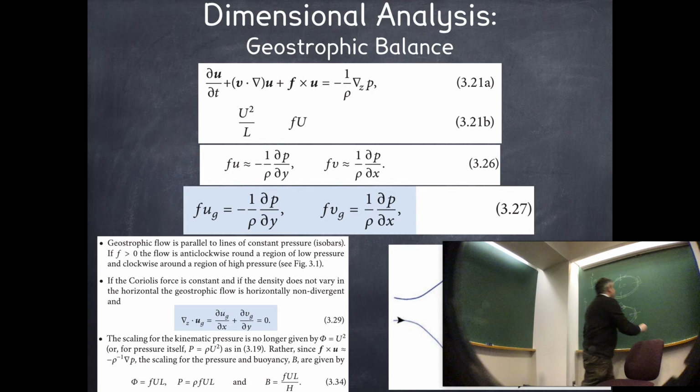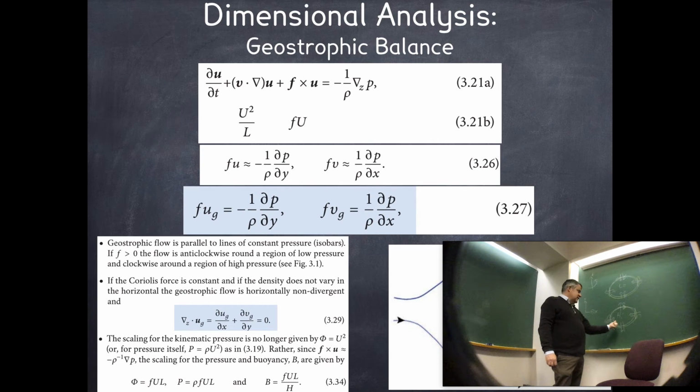Which way does the Coriolis force have to point then? It's got to oppose it, or if we put them on the same side of the equation, they would oppose. So basically, we need a Coriolis force that's opposing this pressure gradient force to keep it spiraling happily around.